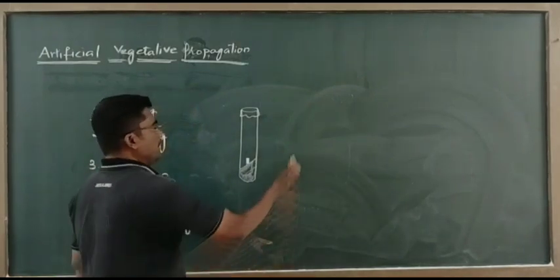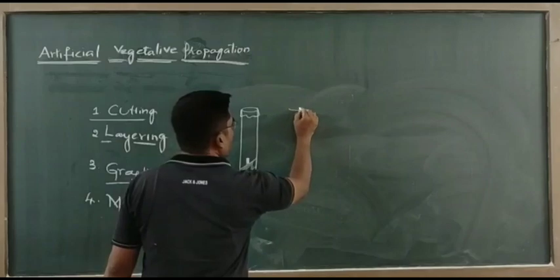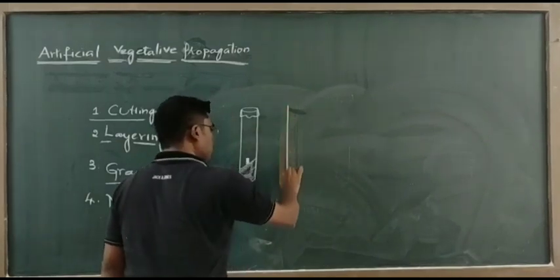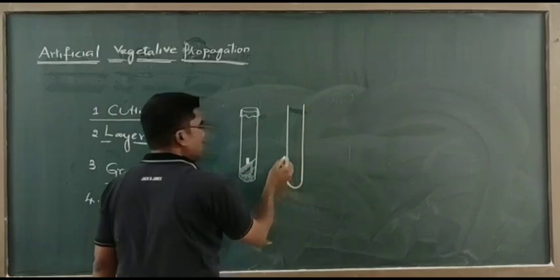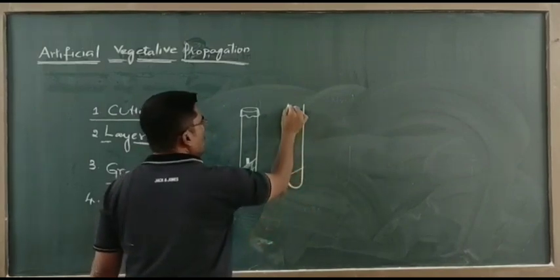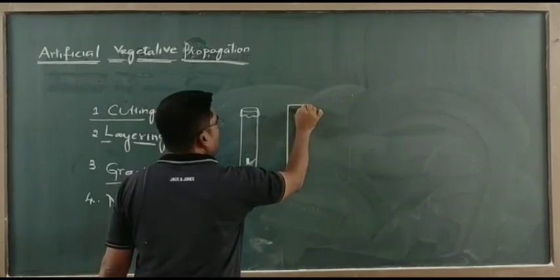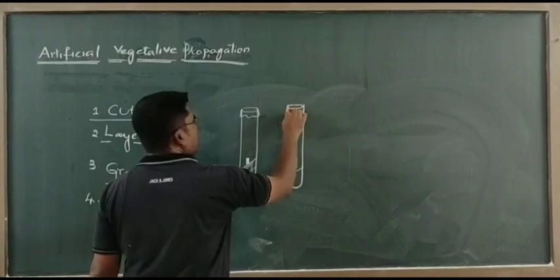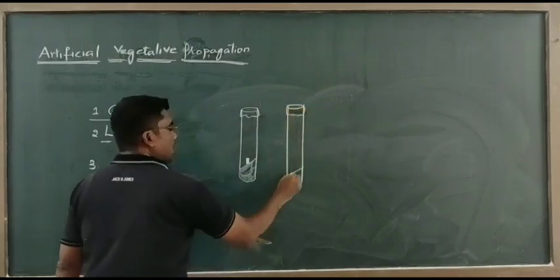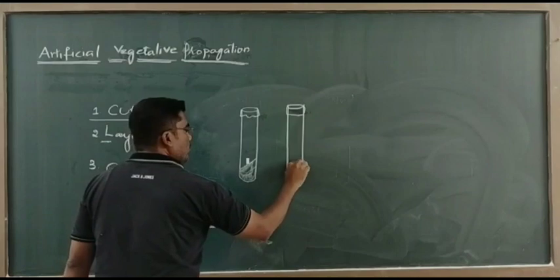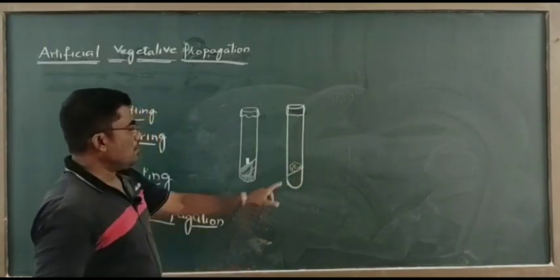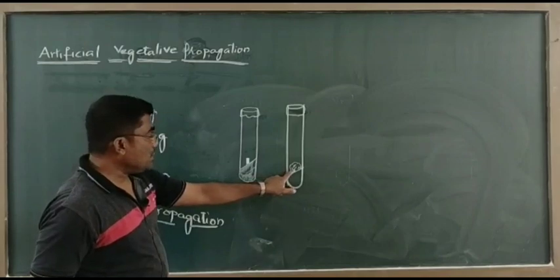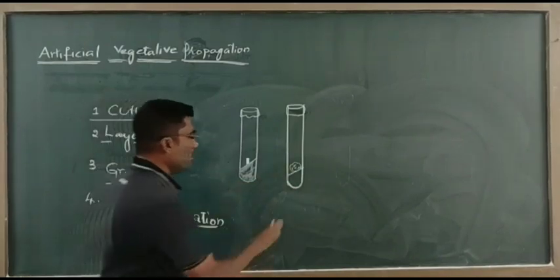After a few days, this explant placed in the culture vessel starts to regenerate and turns into a ball of mass. This mass of undifferentiated cells is called callus.